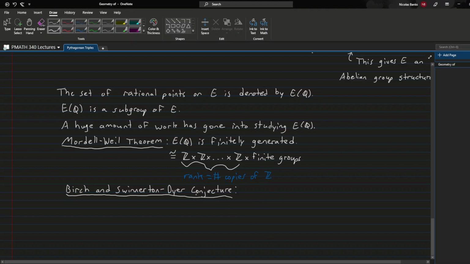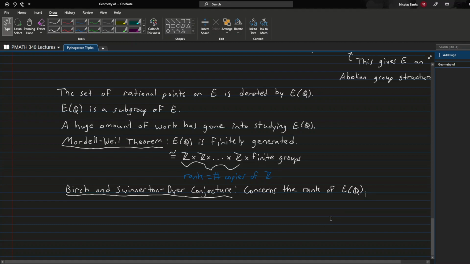Basically, it's one of the most important unsolved problems in mathematics at the moment. I won't get into it because it's very technical, but I'll just say that it concerns the rank of E of Q. It relates the rank to these other objects called L functions, and certainly if you can solve it, you'll be extremely famous.